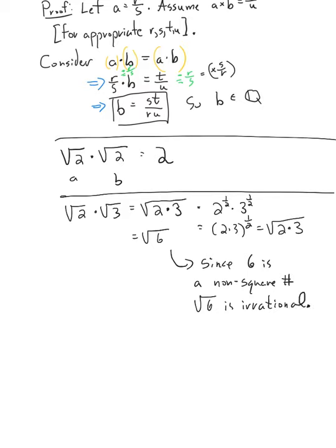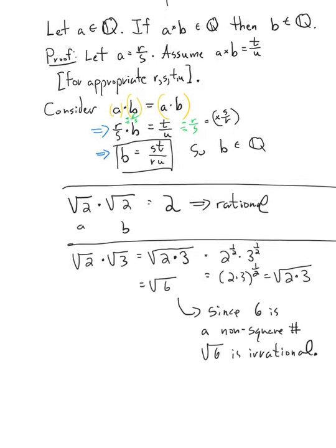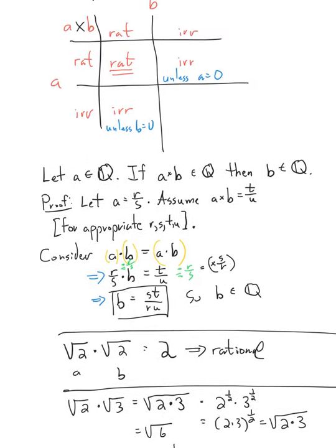So there are cases where you can get rational numbers, and there are cases where you can get irrational numbers. So let's scroll back up. And the last thing in our chart, well, you can get either a rational or an irrational number.